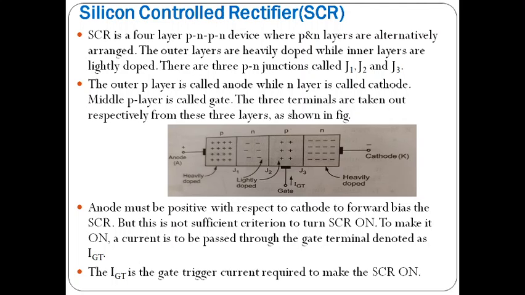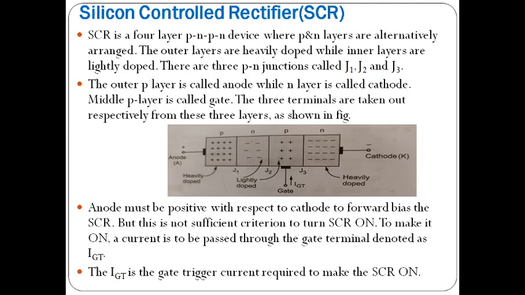But here, forward bias is not sufficient to turn on the SCR. To turn on the SCR, a current named IGT, the gate trigger current, must be passed through the gate terminal.